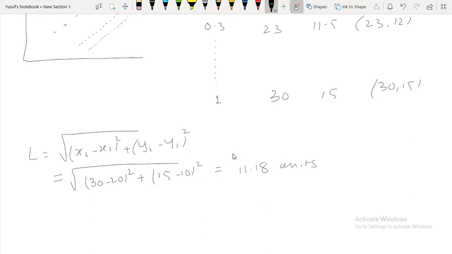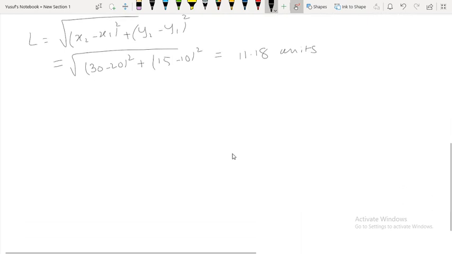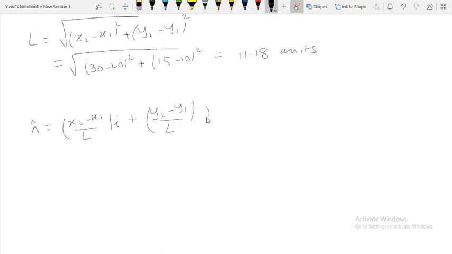Similarly, you are supposed to calculate the unit vector of the line. n cap is equal to (x2 minus x1) divided by L, the i term, plus (y2 minus y1) divided by L, the j term, and similarly (z2 minus z1) divided by the length of the line is the k term. The z term is not there in your example.